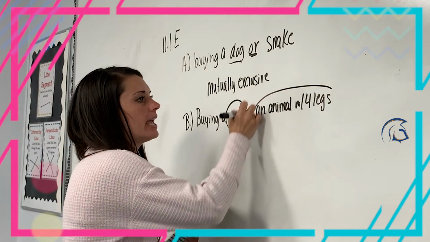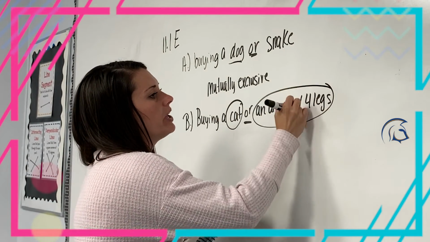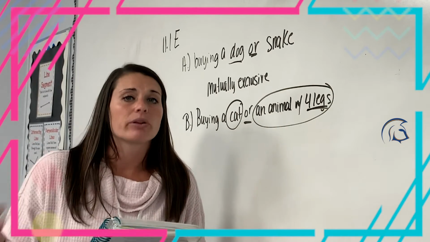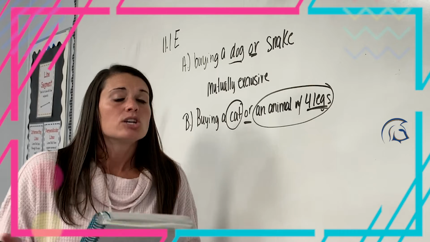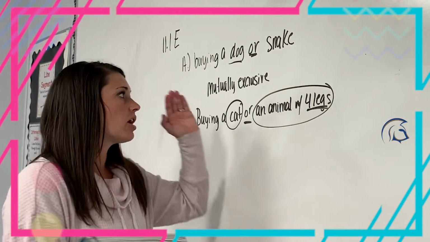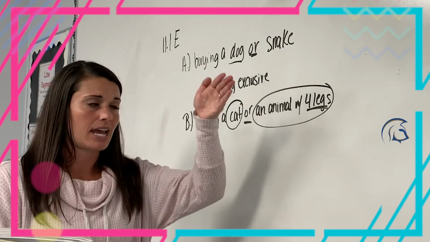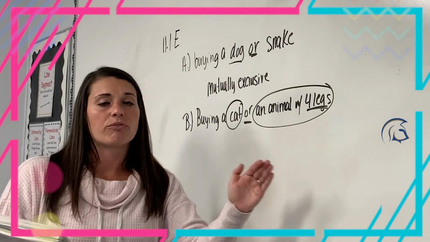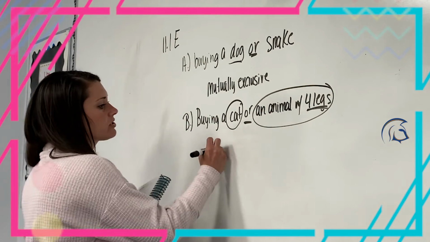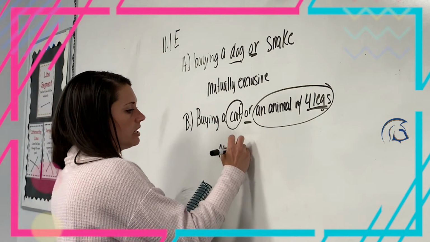Cat or an animal that's with 4 legs. Does a cat have 4 legs? Yes. So these events are not mutually exclusive. It's not either a dog or a snake. It is a cat or an animal with 4 legs. And because a cat falls in both of these, your answer is not mutually exclusive.